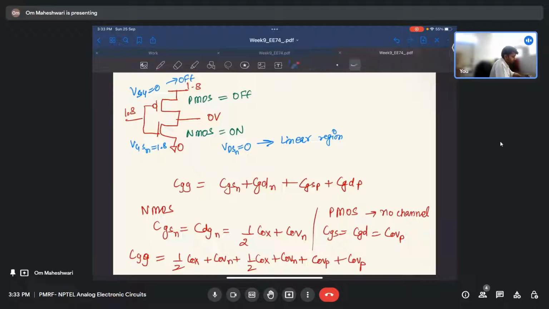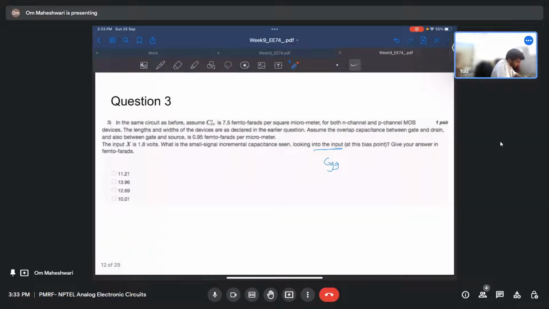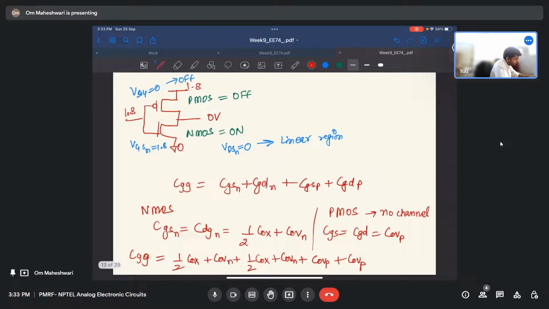So COX is given and COV is also given, I think. Let me check. COX is given in farad per micrometer square and COV is given in farad per micrometer. So you will need to multiply this by area.